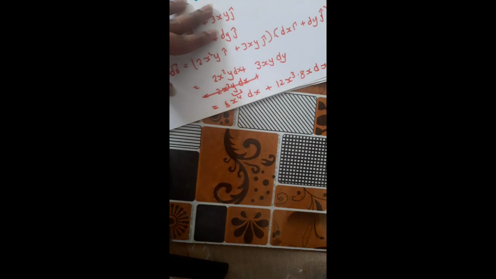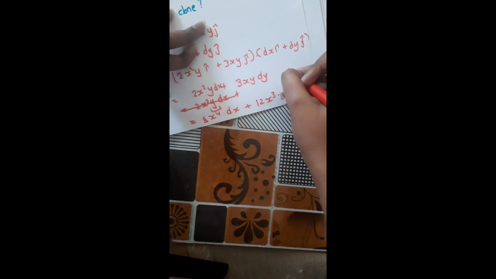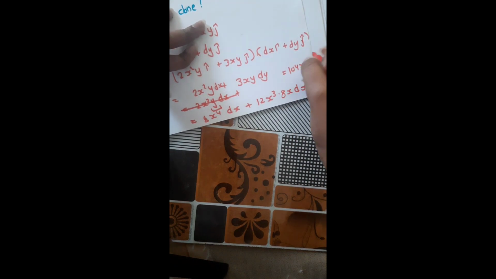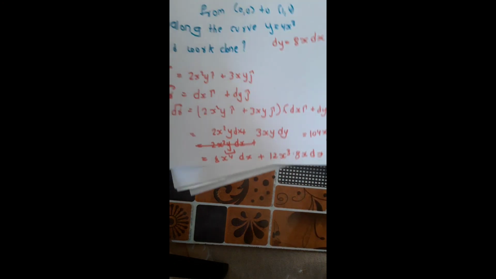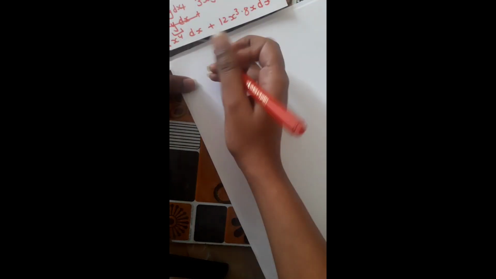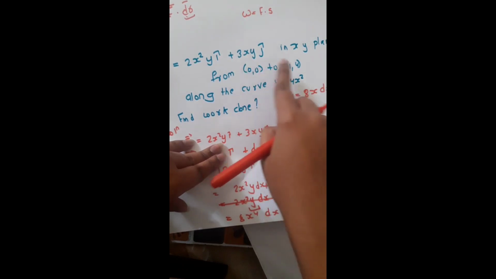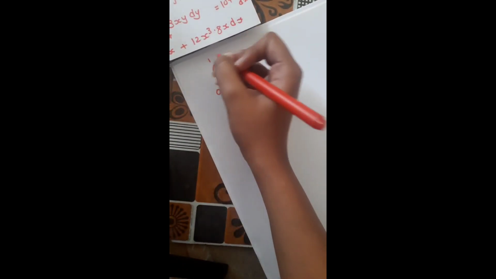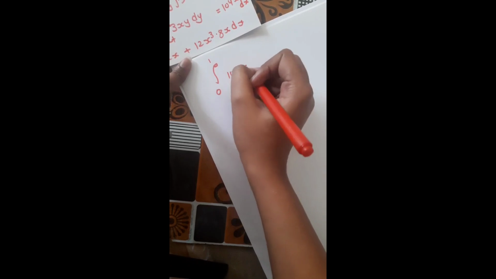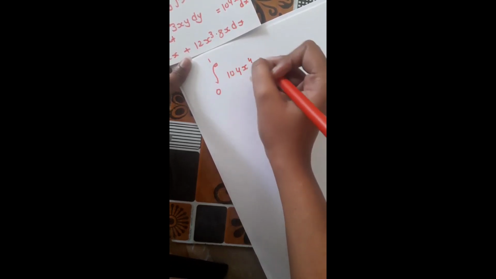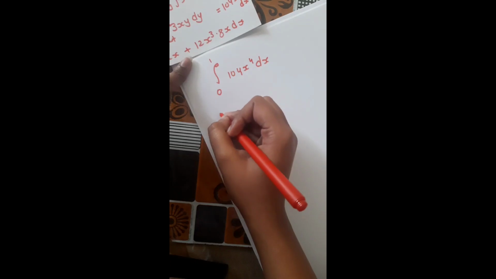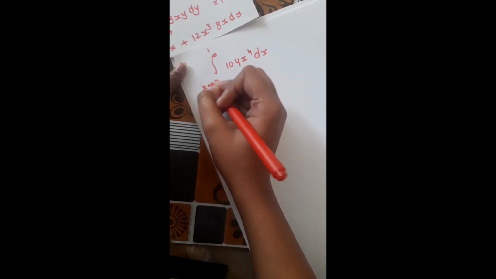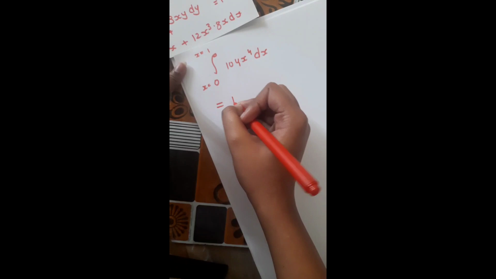The final answer would be something like 104 into x power 4 dx. Now, we know that x varies from 0 to 1. You can see over here, x varies from 0 to 1. So from 0 to 1, 104 x raised to power 4 dx. Now, this much simple integration you all can do. So our final answer would be 104 upon 5.